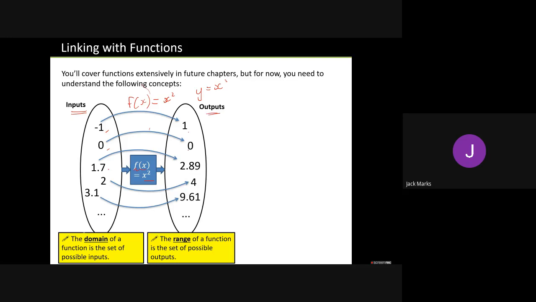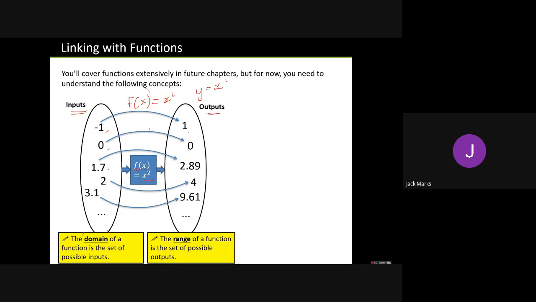Domain refers to all of the inputs that you may have. And you're probably used to being able to use any input, but domain is often restricted, okay? For example, if we're looking at a sine graph, we might only look at some degrees.